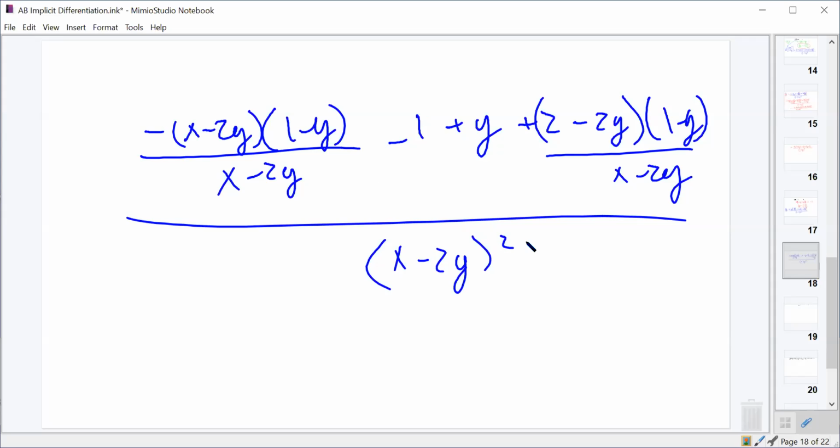Everybody good with that? Yeah. So we're going to give that an x minus 2y. We're going to multiply this by x minus 2y also. And we could distribute it all out if we want to, but I'm not going to bother.